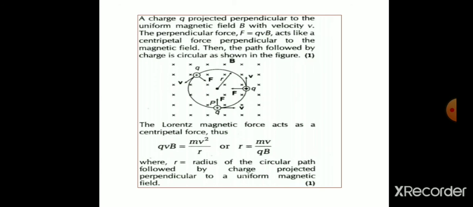That is equivalent to the centripetal force mv squared by r. Rearranging the equation, we get the radius of the circular path, r equals mv by qB. M is the mass of the charged particle, V is its velocity, Q is the magnitude of charge, and B is the magnetic field.